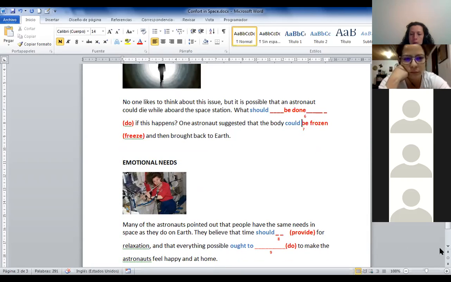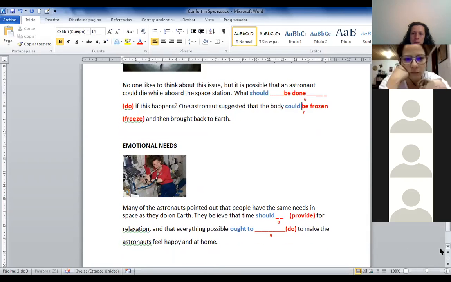Good. Gap number 8. Who wants to try? Jaime? Many of the astronauts pointed out that people have the same needs in space as they do on Earth.